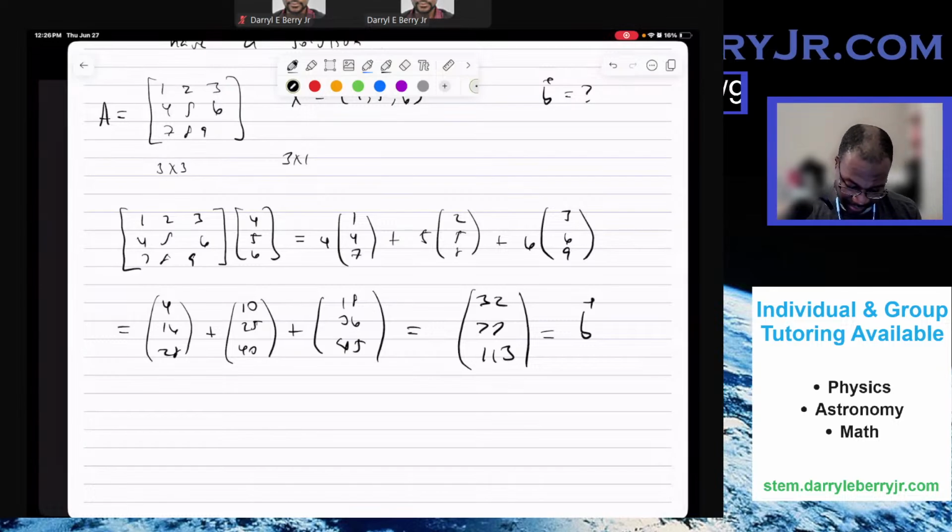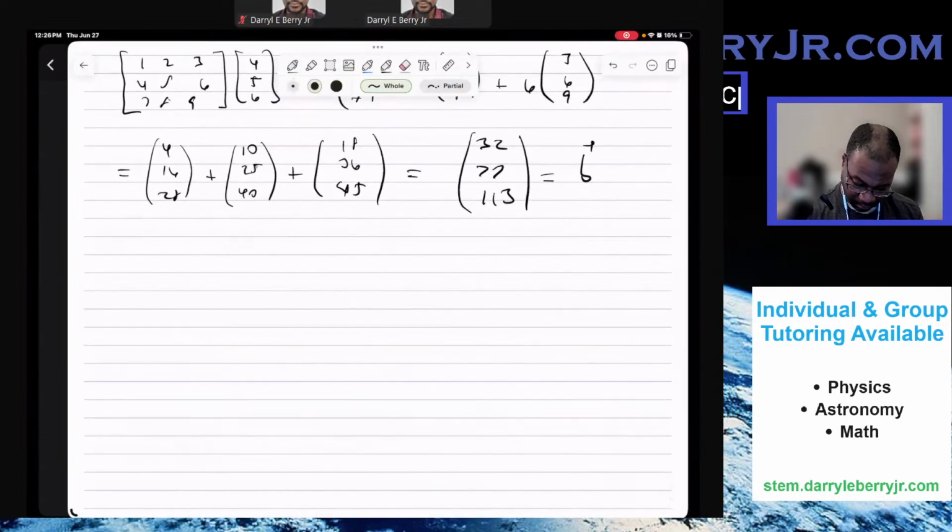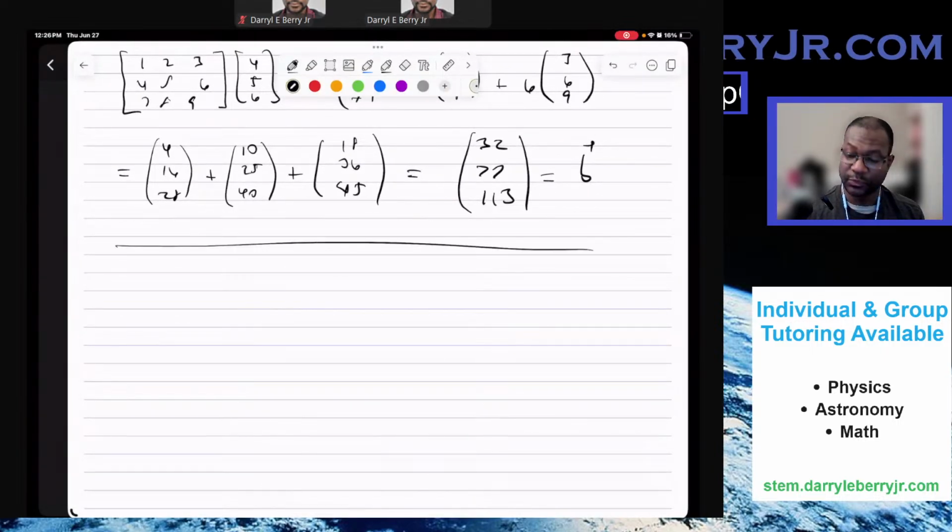So let's go from parametric to Cartesian. I'll find a problem in the book.